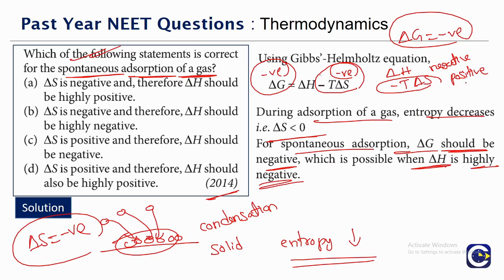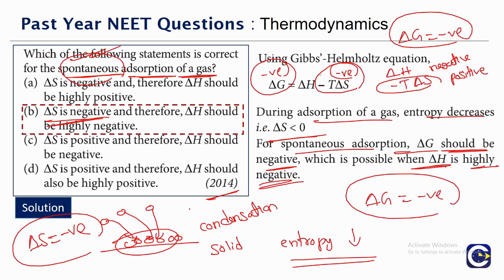Because it should dominate the positive value of the second term, minus T delta S. Look at option B: del S is negative because any adsorption has negative delta S. To make the overall process spontaneous, the enthalpy change value should be highly negative, and then we will have del G becoming negative.